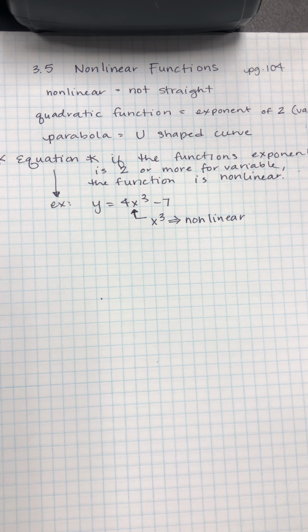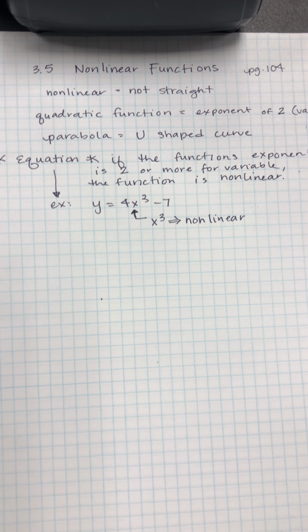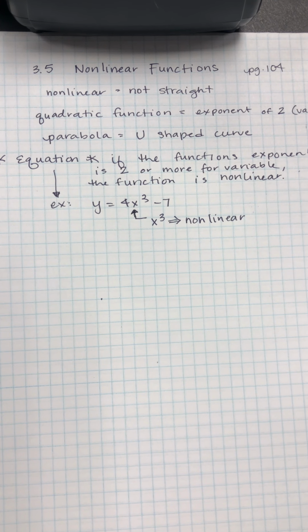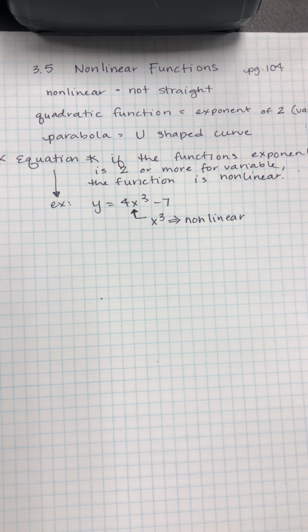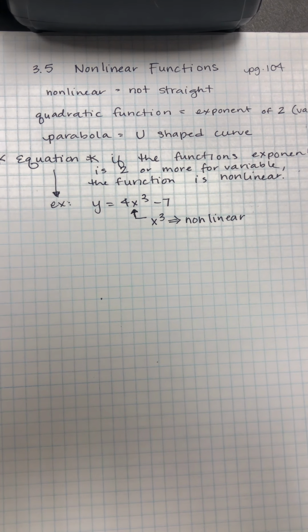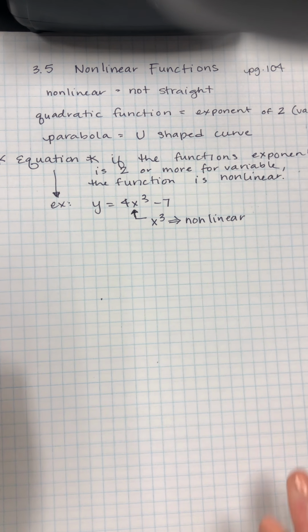Yes? So if it was y equals 4x to the second power minus 7, would that mean it would be linear? That would also not be, because it's 2 or more. If it was just 4x minus 7, then it could be. Then it will likely make a straight line.